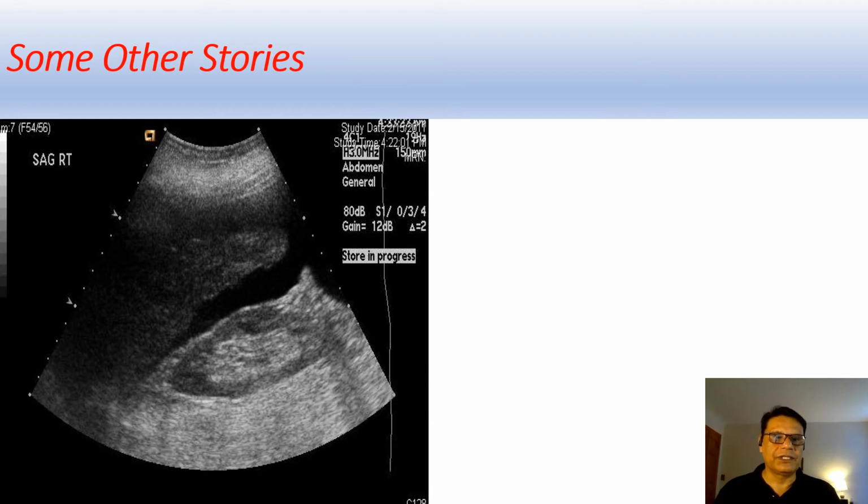There are some other stories, like here is a liver and here is a kidney, the right kidney. Compare the echogenicity. This area is very bright as compared to this one. Why? Because here the echoes are strong. Why are they strong?